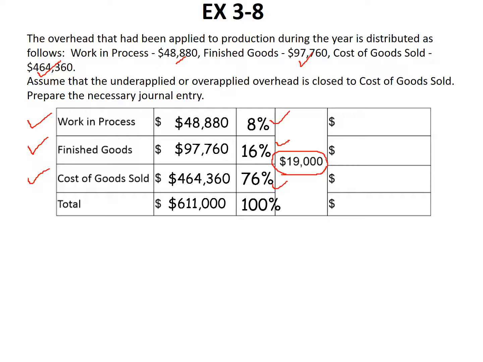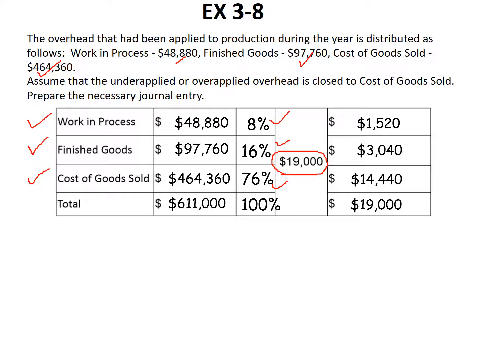Now, in order to apportion that under or over applied overhead, in this case of $19,000, back to these individual accounts, all I need to do is multiply, as an example, the 8% times $19,000, and that'll represent the amount of overhead I'm going to apportion back to work in process. So you can see, $48,880 times 8% equals $1,520.